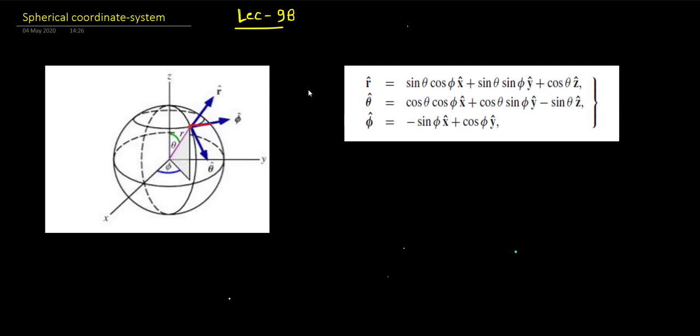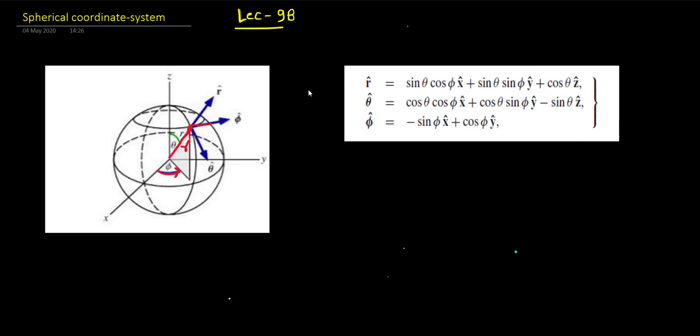Let's look at the direction of theta cap. Now r and phi would be constant because you are moving in the theta cap direction. So let's keep r like this and keep phi at this angle. We are at this point.